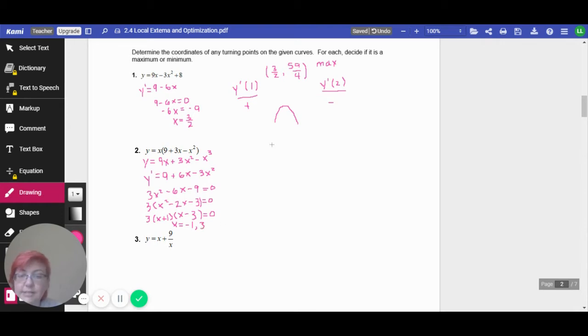Let's look for our points. Plugging in negative 1 to my original equation, I have negative 1 times 9 plus 3 times negative 1 minus negative 1 squared. And I get negative 5.